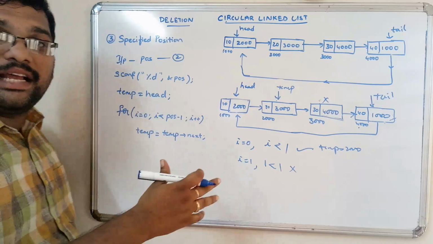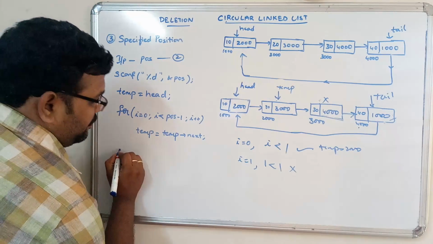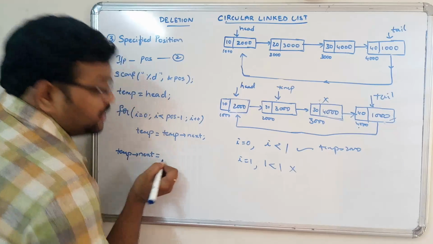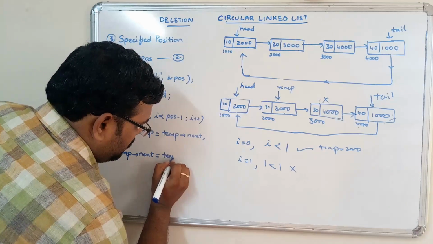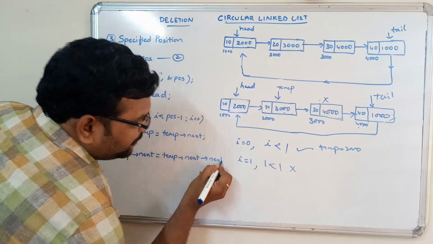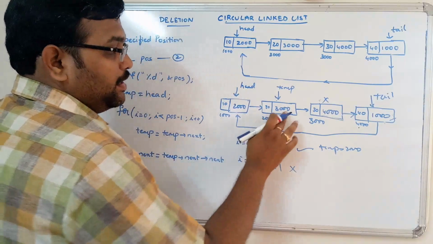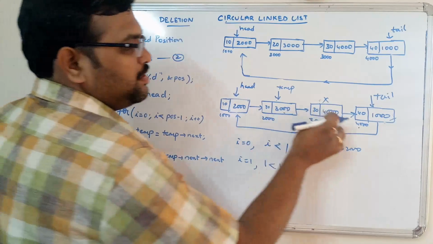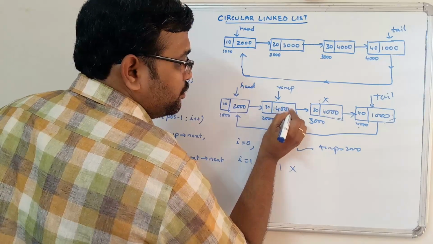So we are just disconnecting the link. So temp of next is equal to temp of next of next. Temp of next means 3000, and temp of next of next means 4000. So 3000 will be replaced with 4000.